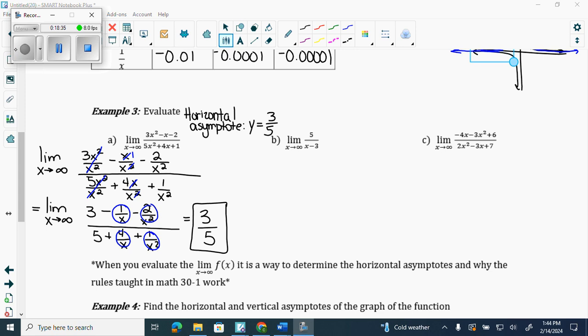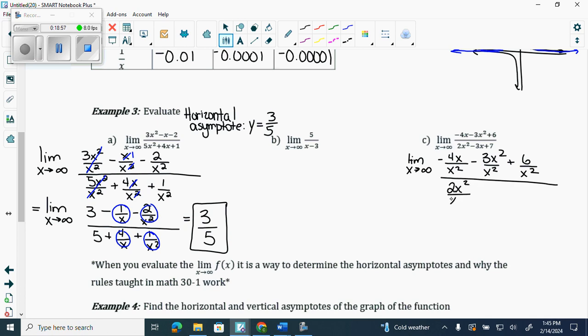All right. So we're going to get the limit as x approaches infinity of -4x over x squared minus 3x squared over x squared plus 6 over x squared, all over 2x squared over x squared minus 3x over x squared plus 7 over x squared.